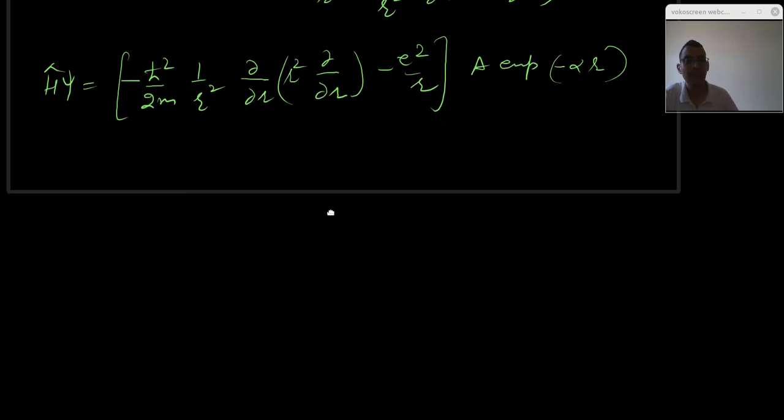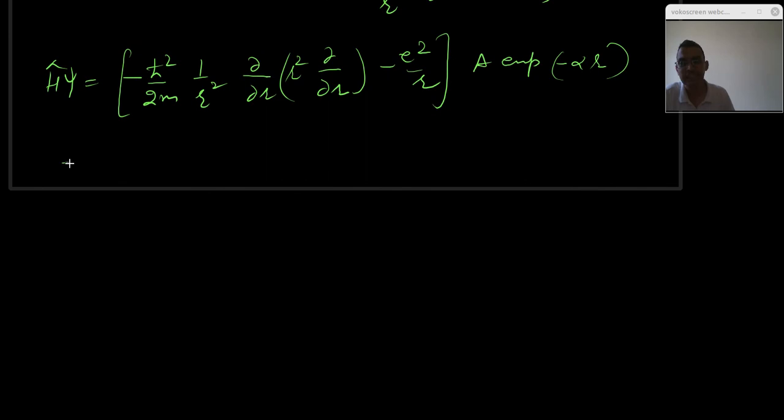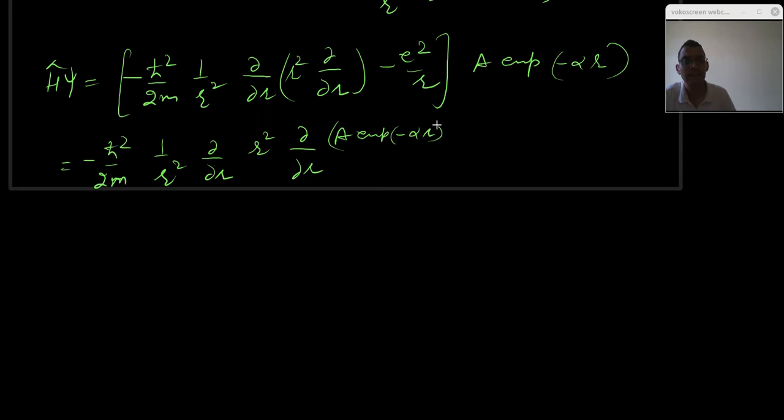So this is equal to minus h cross square by 2m times 1 over r square ∂/∂r of r square ∂/∂r of A exponential minus alpha r, and minus e square by r times A exponential of minus alpha r.